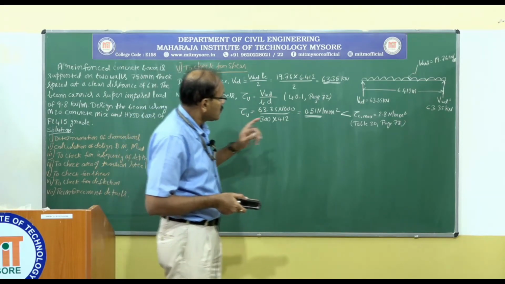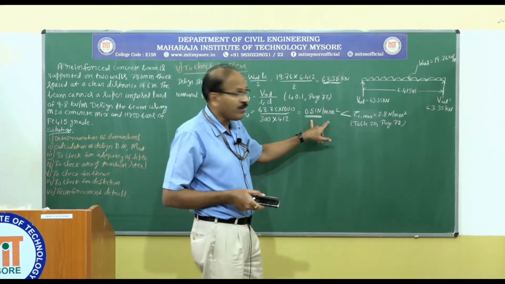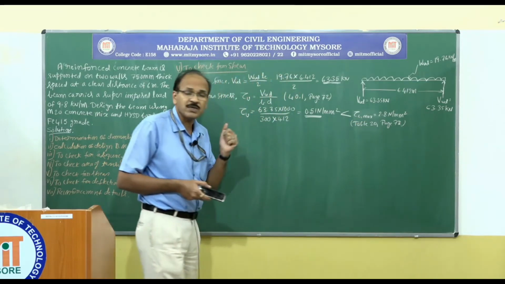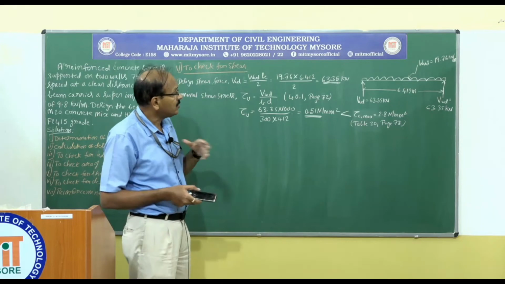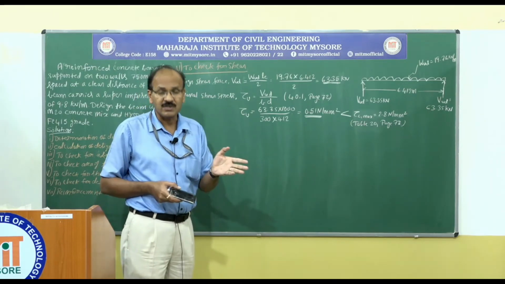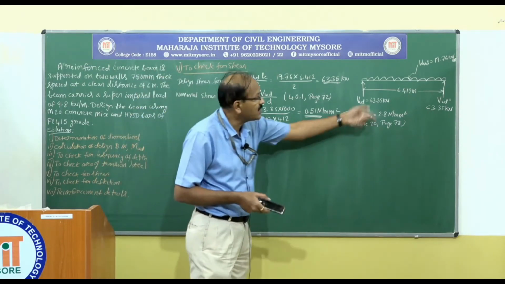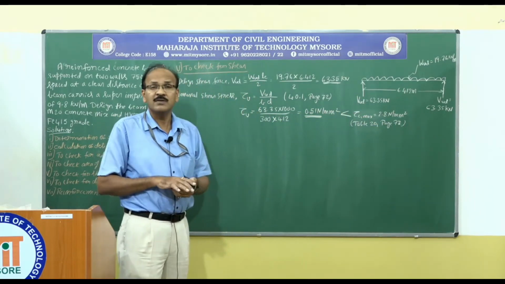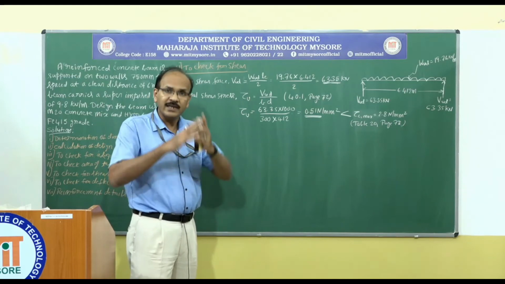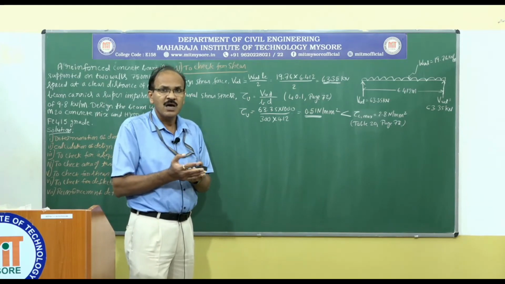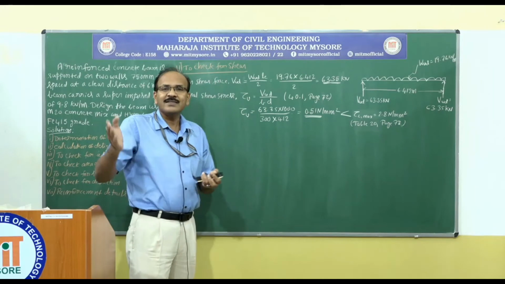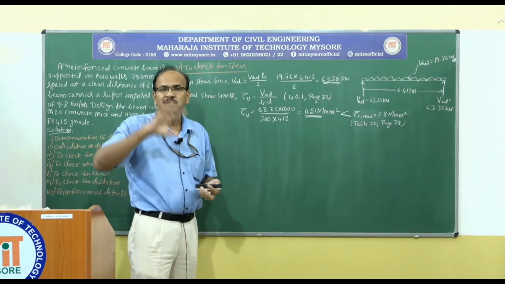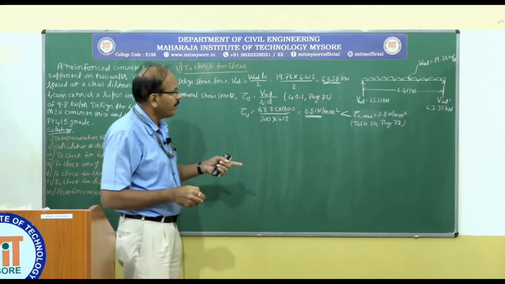Okay. So because this value 0.51 Newton per millimeter square is less than tau c max, we don't have to go for a redesign of this section. In case this value exceeds 2.8, then the section we have provided is not adequate. So you go back and increase the sectional dimensions and redesign the entire section starting from the bending, shear, etc. Okay.